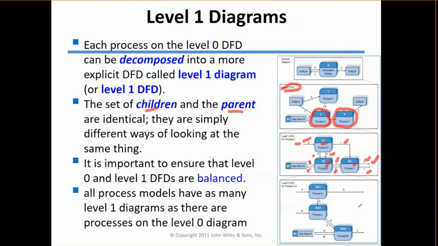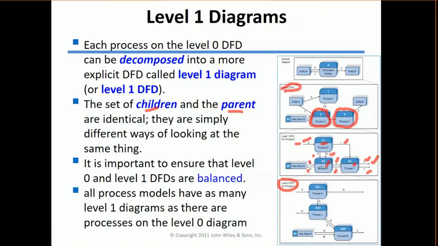Is it okay? So you see the same concept goes for level 2. You see level 1 and then level 2. The same concept comes to level 2 diagram or level 2 DFD. It is like this, that you will pick up one of the process from level 1.